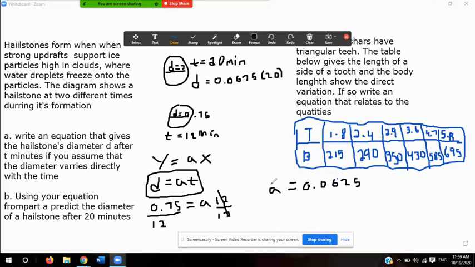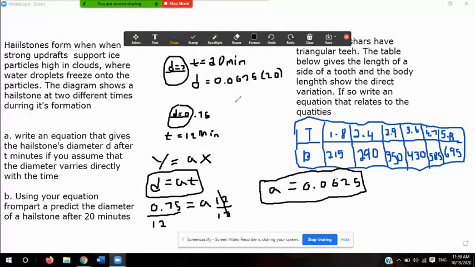So I found the constant of variation here, guys. I'm boxing it in so you guys know where I got that number from. And now I'm going to look for the diameter after 20 minutes because I have my constant of variation.